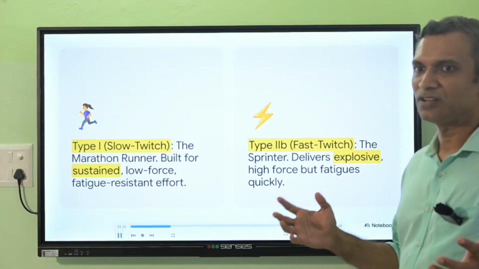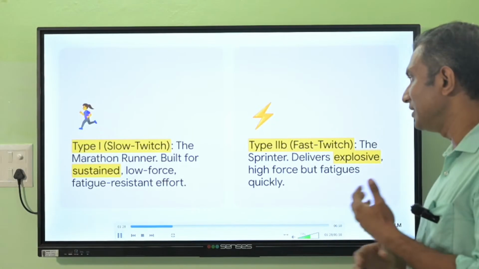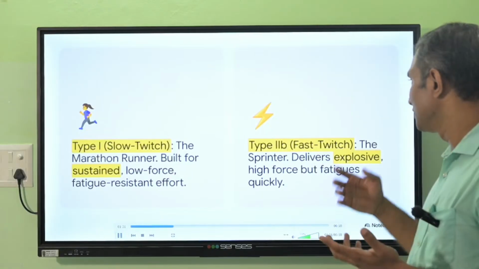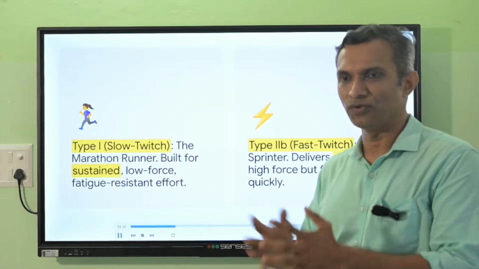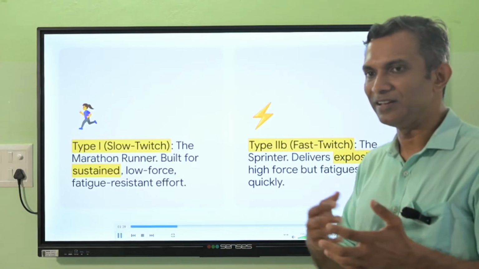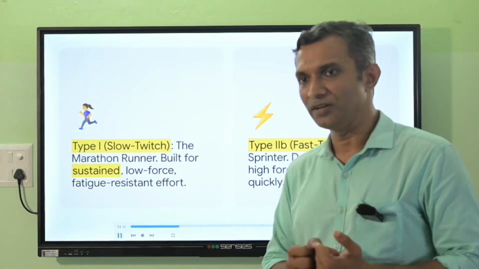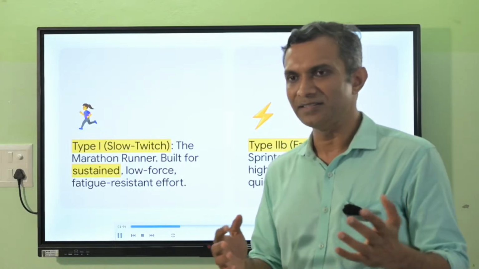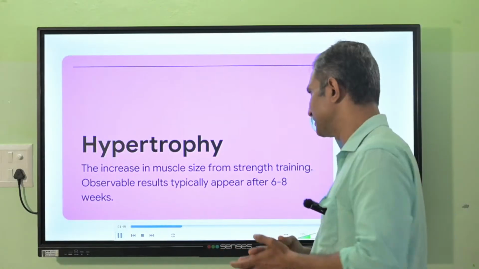We discussed slow twitch and fast twitch muscle fibers. Type 1 is fatigue resistant, low force. Type 2 is explosive, and they produce quick force. These dynamics are very important whenever we indulge in different types of functional activities or functional training. These training patterns greatly influence the way the muscle acts.